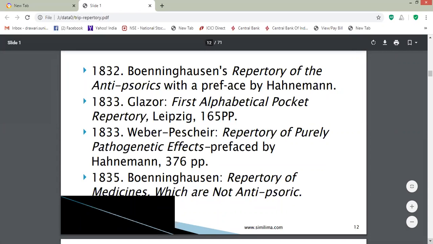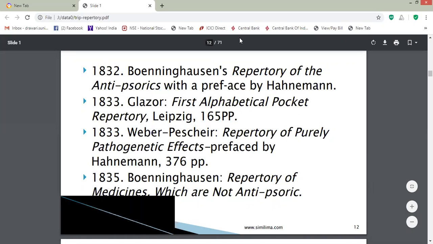Then in 1833, the first alphabetical pocket repertory which was published in Leipzig. 1833, Weber Pasteur's Repertory of Purely Pathognomic Effects, prefaced by Dr. Hahnemann, which has 376 pages.